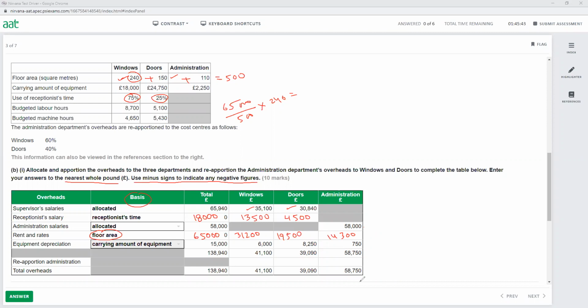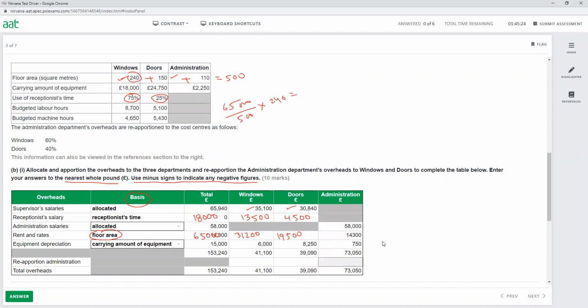If you need to change that a little bit, if we just type it, you'll see that amount will be changed. So if we say 14,300, it will give me 73,050.